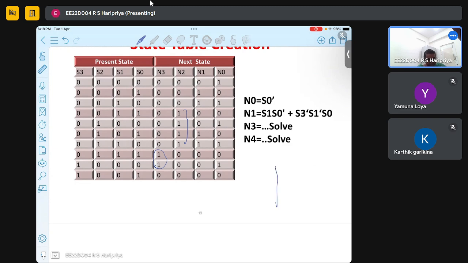We can use the K-map to simplify this. I will show it for n0. So n0 is over s3, s2, s1, s0.